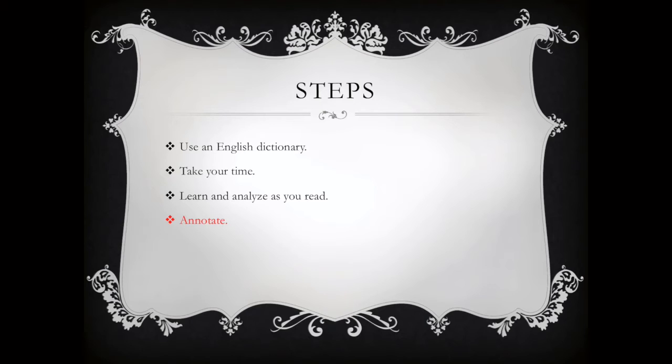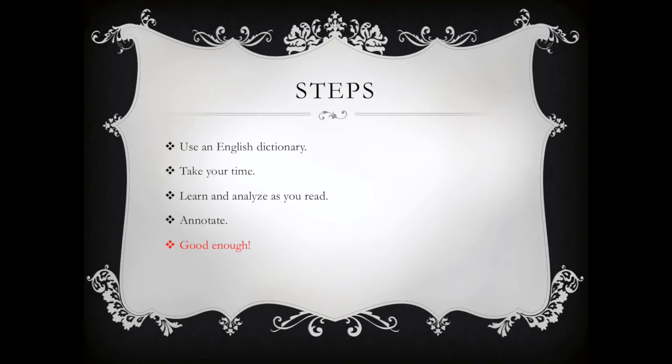Once you have used a dictionary, you've taken your time, you've learned, and you've analyzed, and you've annotated, it's good enough. On the CATW, you have a certain amount of time, 90 minutes to be exact, and in order to have enough time to write and to proofread your work, and planning as well, which are all very important steps, you can only spend so much time reading the article.